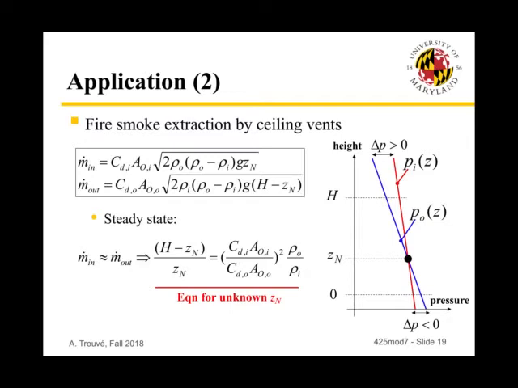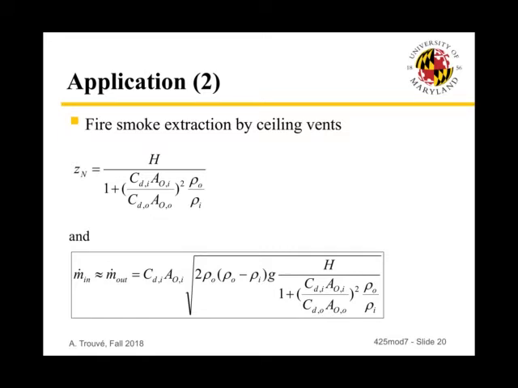M dot in is equal to M dot out at steady state, and this provides an equation for Zn. And we see here on this slide 20 that once we have the equation for Zn, we can write the expression for the mass flow rate. And basically, this mass flow rate expression is an expression for the rate of smoke extraction through the ceiling vent.